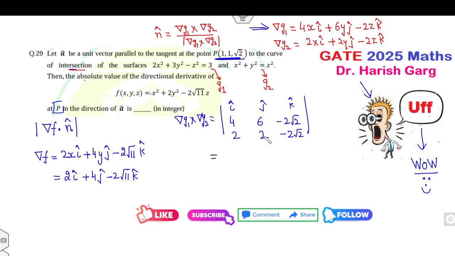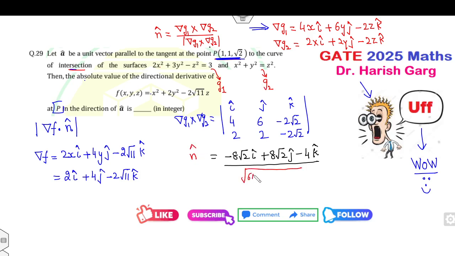It says (minus 12 plus 4 minus 8 root 2) i cap. Minus j, it's minus of (4 plus 4), it's minus 8, minus minus plus root 2 j cap. (8 minus 12) minus 4 k cap. Fine. Divided by its magnitude. So that will be my n cap.